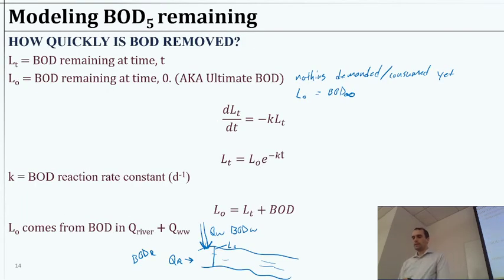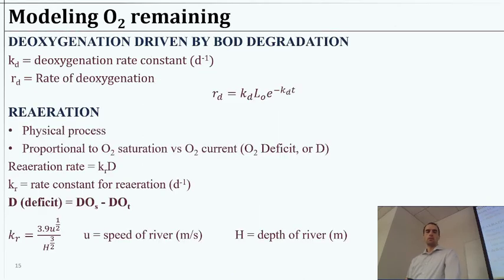If we take a look at this K here, this BOD reaction rate constant, it's going to be very closely related to this deoxygenation rate constant. This is a value that we can typically find from a reference book. That's going to be somewhat specific to a river: what's its temperature, what types of microbes happen to be in there, that type of thing that are describing that rate of oxygen demand.